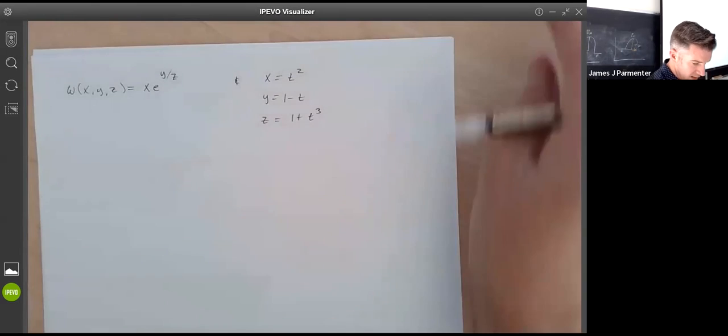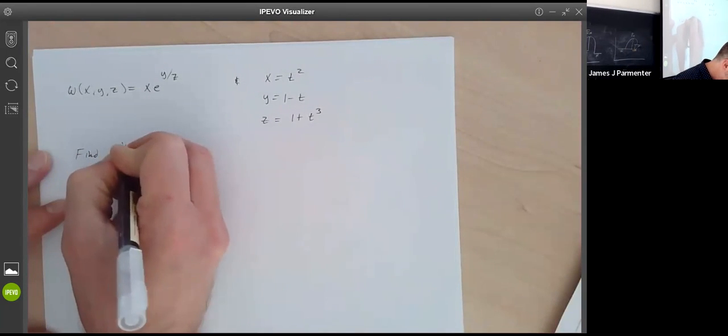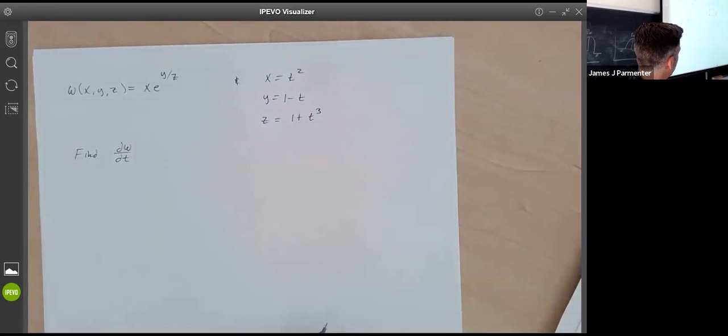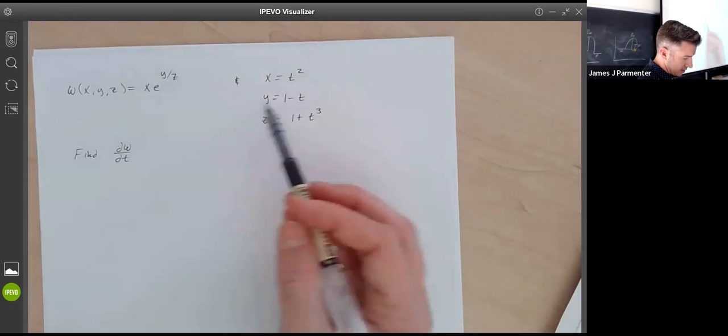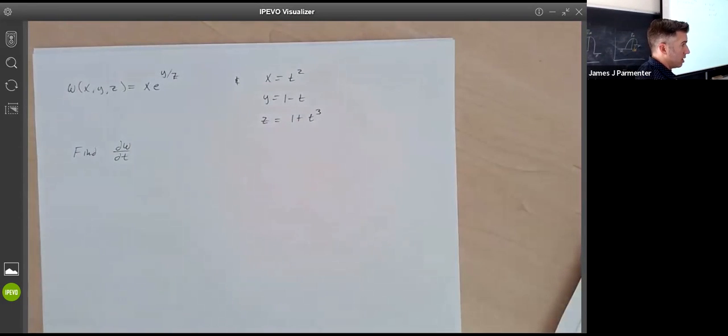Once again, we're going to be asked to find dw/dt. All right, so I don't want to do it the quote unquote long way. I don't want to plug in t squared for x and 1 minus t for y and 1 plus t cubed for z and then take the derivative. We totally could. It would work just fine.